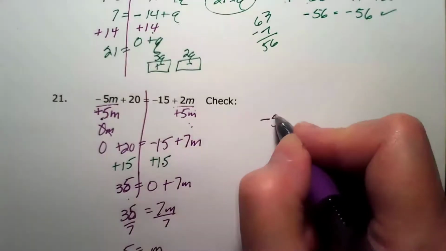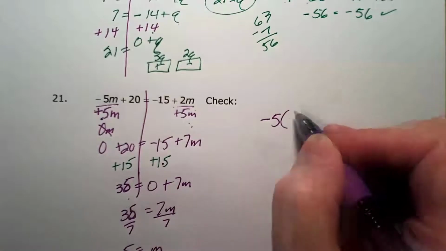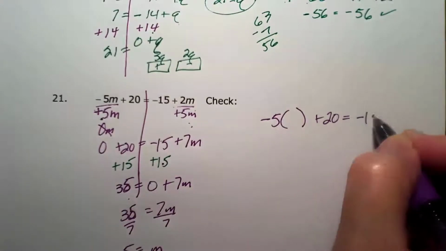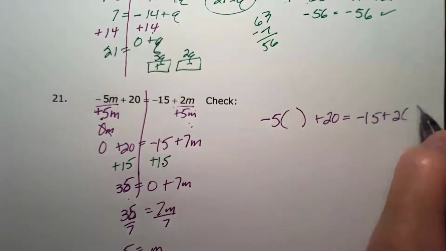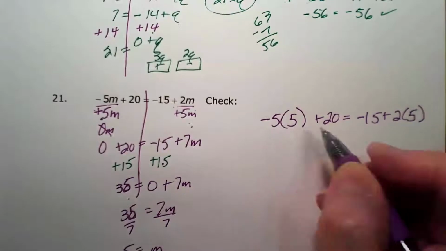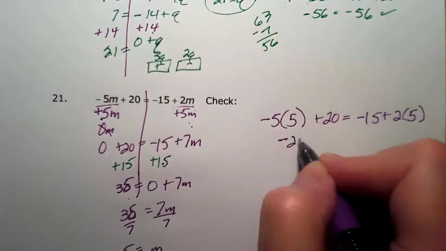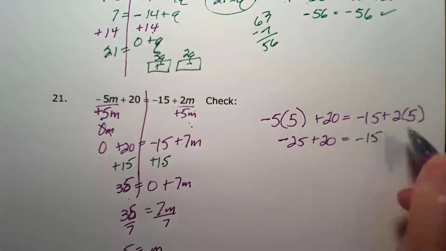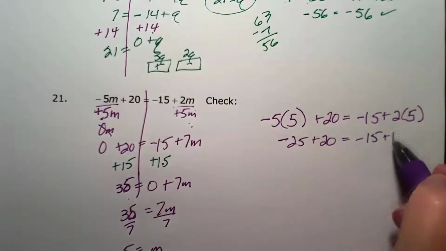So to check, negative 5 times m plus 20 equals negative 15 plus 2 times m. And if m is 5, I have negative 5 times 5 is negative 25 plus 20. Negative 15 plus 10.